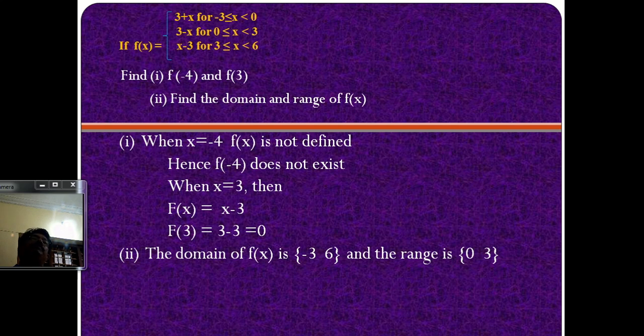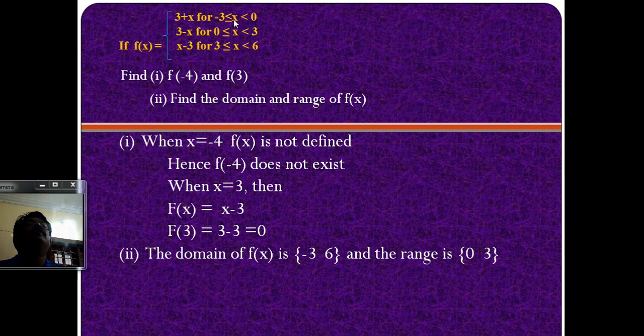Now, questions may be asked in the examination for finding the function with three conditions. So this is a function with three conditions. If f of x is 3 plus x, for x with a domain value from -3 to 0. Very simple.